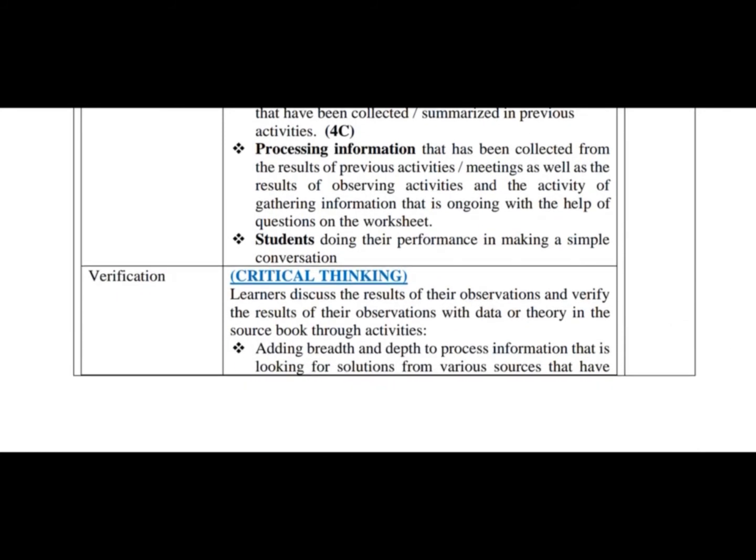Processing information that has been collected from the results of previous activities or meetings, as well as the results of observing activities and the ongoing activity of gathering information, with the help of questions on the worksheet. Students do their performance in making a simple conversation.